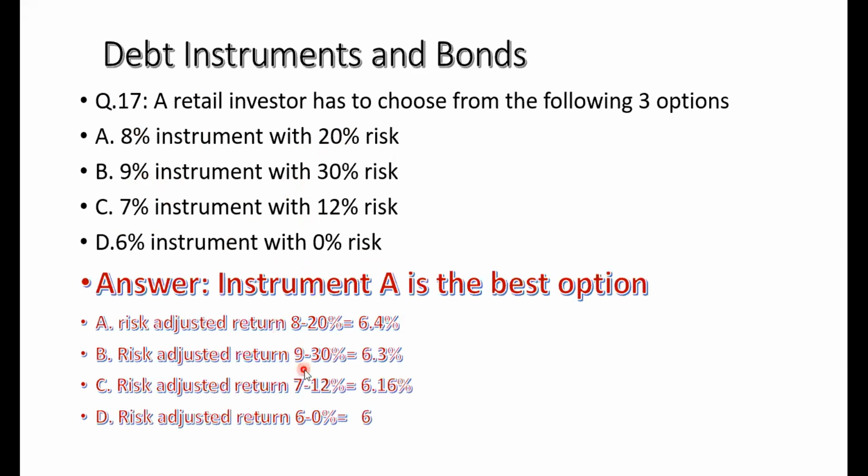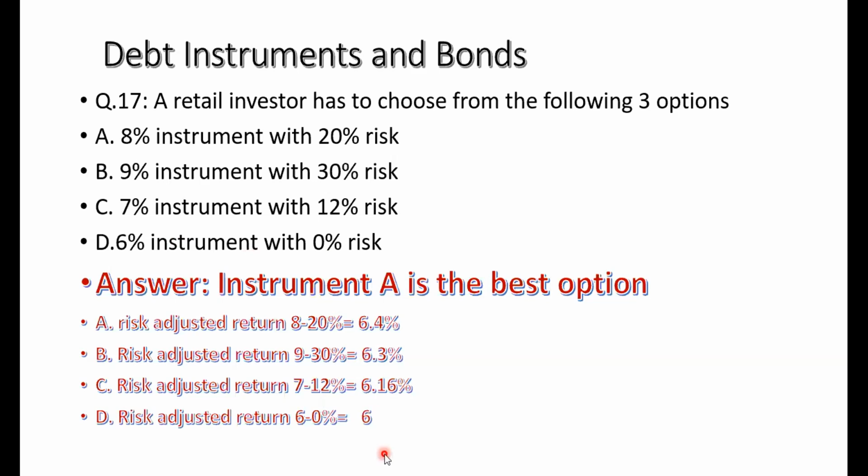Second one, 9% minus 30%: minus 2.7, 6.3. Agreed? Third one, 7% with 12% risk. Take your calculator, key in 7, minus 12%, you get 6.16. Now 6% instrument, 0 risk, you will get only 6%.